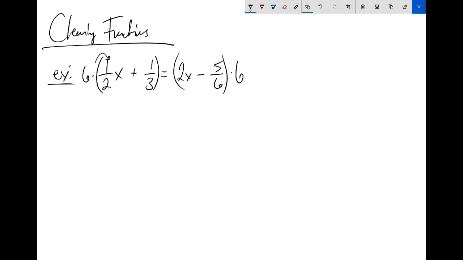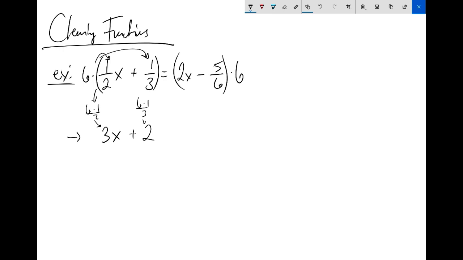So how do you multiply 6 times 1/2? That's 6 times 1 over 2. So 6 times 1 is 6, divided by 2 is 3, so that's going to become a 3x, right? Okay. Then we go here, 6 times 1 is 6, divided by 3 is 2.